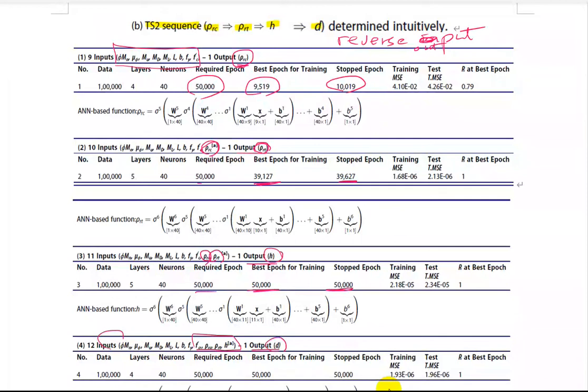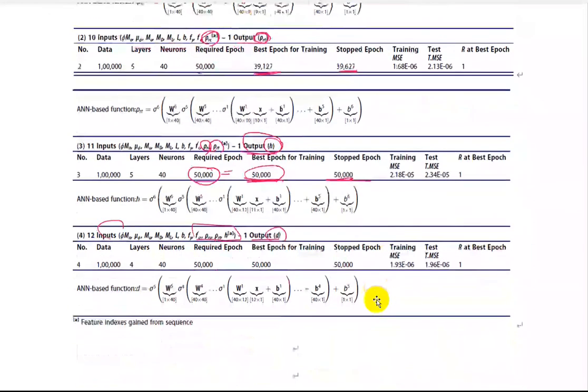ambiguous situation where we are not really sure whether enough training accuracies were achieved or not with the output H, because the stopping epoch, the best epoch, are the same as the required epoch, which is 50,000, and same here. Okay, but we did not extend beyond 50,000.